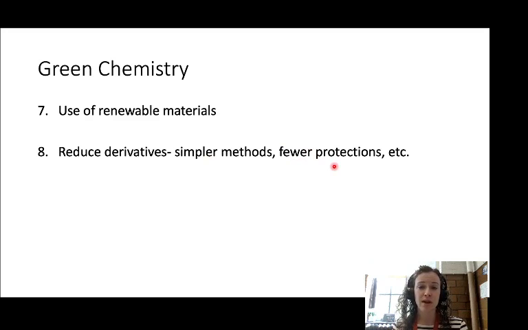Sometimes to do good organic chemistry, you have to put a different molecule on to protect a functional group. And then later you get rid of the protective group to continue your chemistry. That in itself is technically a wasteful step, because the molecule that was used to protect wasn't really a part of the product.